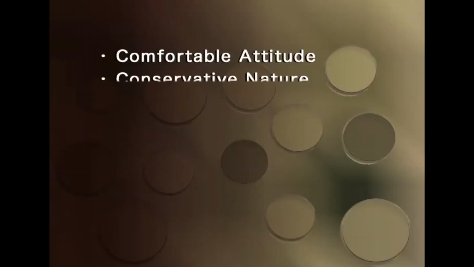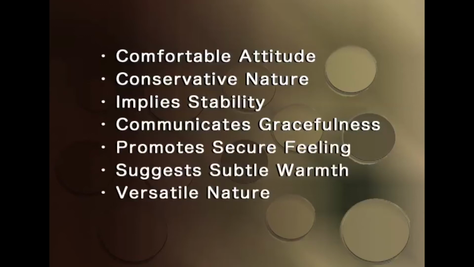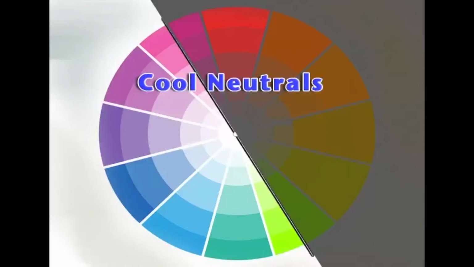It's comfortable in attitude, conservative nature, implies stability, communicates gracefulness, promotes secure feeling, suggests subtle warmth and is versatile in nature. Now cool neutrals. In general, this color area is interpreted as cool.